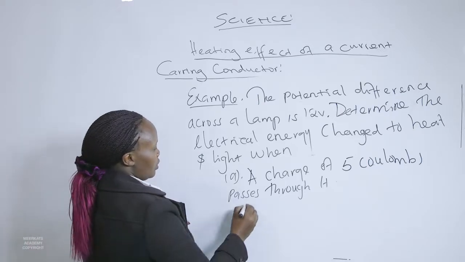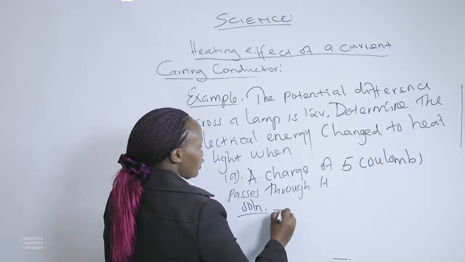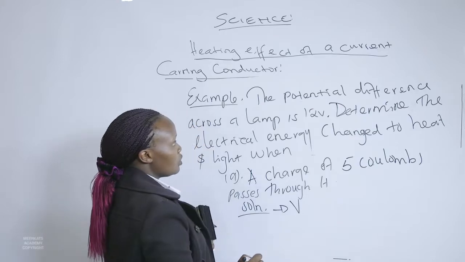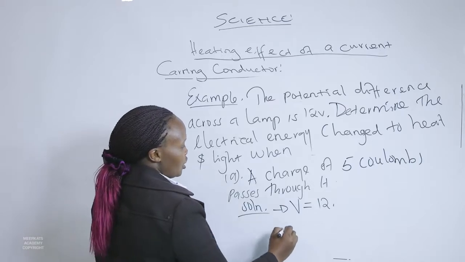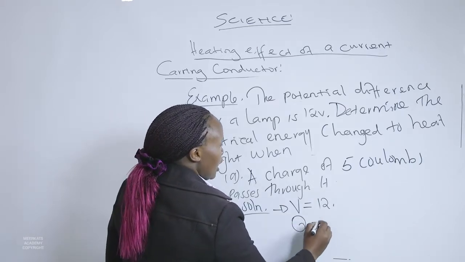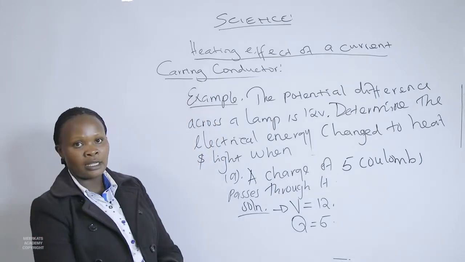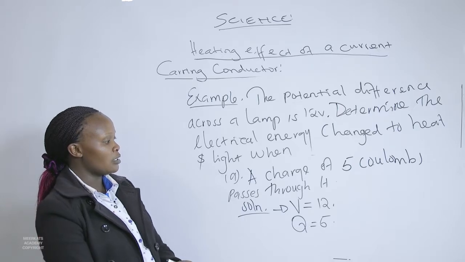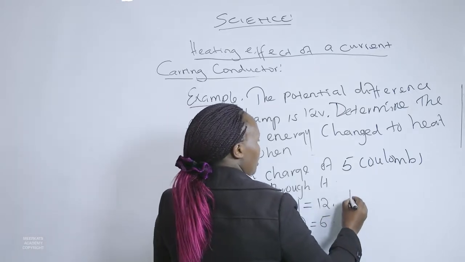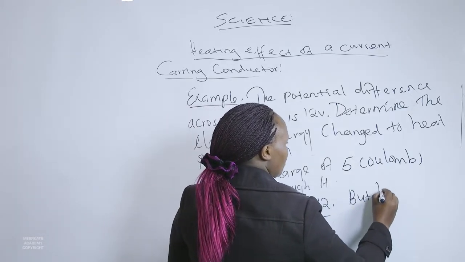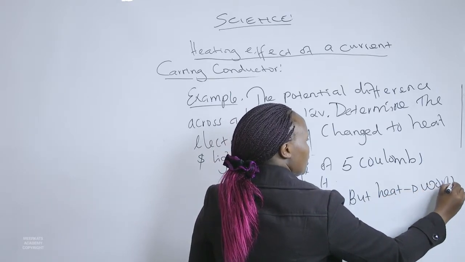Now, let us look at the solution to that. We've been given the potential difference or the voltage as 12. Then we have charge as 5. Now, we want to find out the amount of heat that is produced in this case. But we said that heat could be taken to mean the work done.